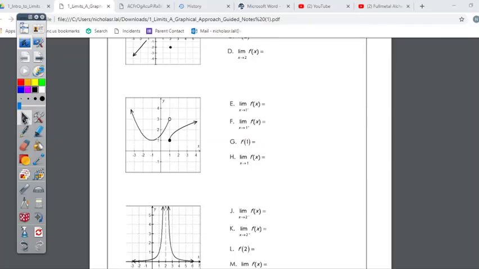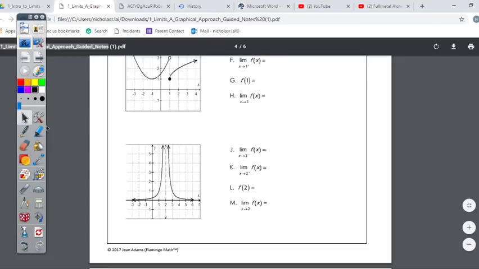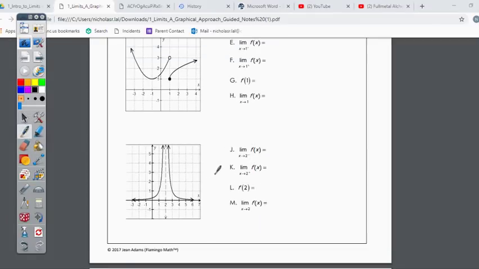Looking at the next problem. The limit as x approaches 2 from the left. From the left, as we approach 2, it's going to equal infinity. And from the right, the limit is also approaching infinity. F of 2, however, does not exist because we have an asymptote at 2.